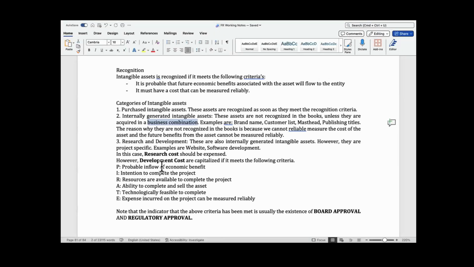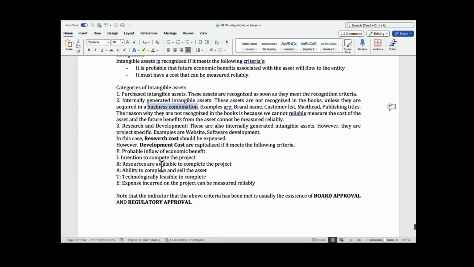And there is another one called research and development. This one is also internally generated, but it is project specific, like you're developing a website for your company, or you're doing a software internally, or you're developing an app, or you're working on a pharmaceutical project, something like that. So internally, you're working on a project, and of course, it has to be an intangible item.